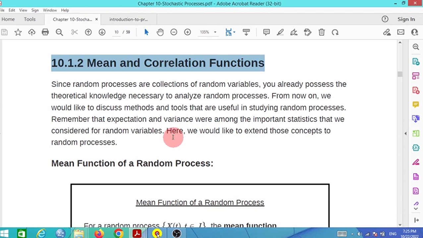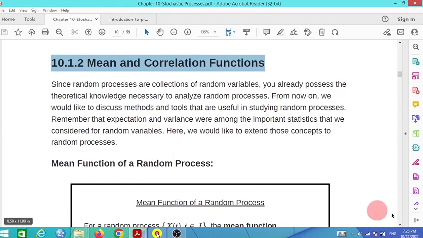The famous properties of a random variable are mean or expected value, variance, and correlation function. For these details, you can go back to chapter 3 and chapter 4 and study the mean or expected value and variance of a random variable.